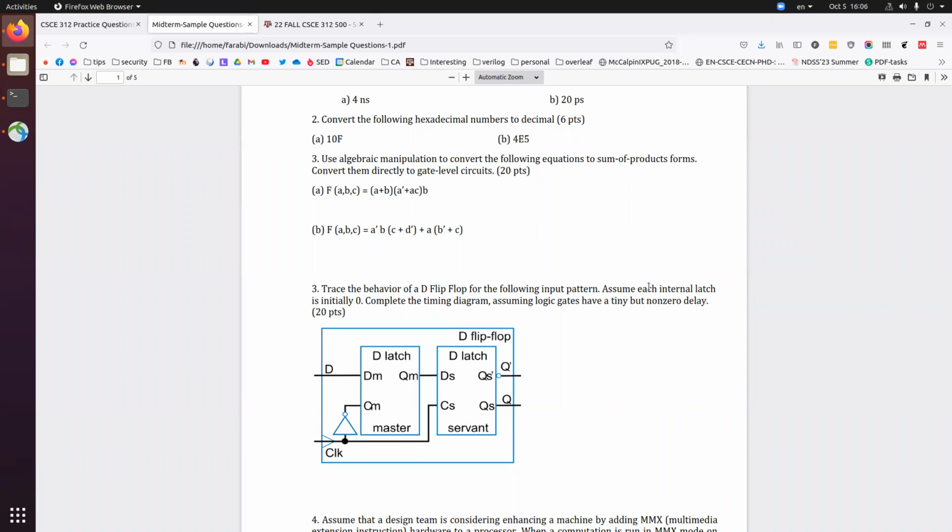Literals are A, B, and C. If you want to convert this first term, (A plus B)(A' plus AC)B, you have to make sure that all the terms have some form of A, B, C.